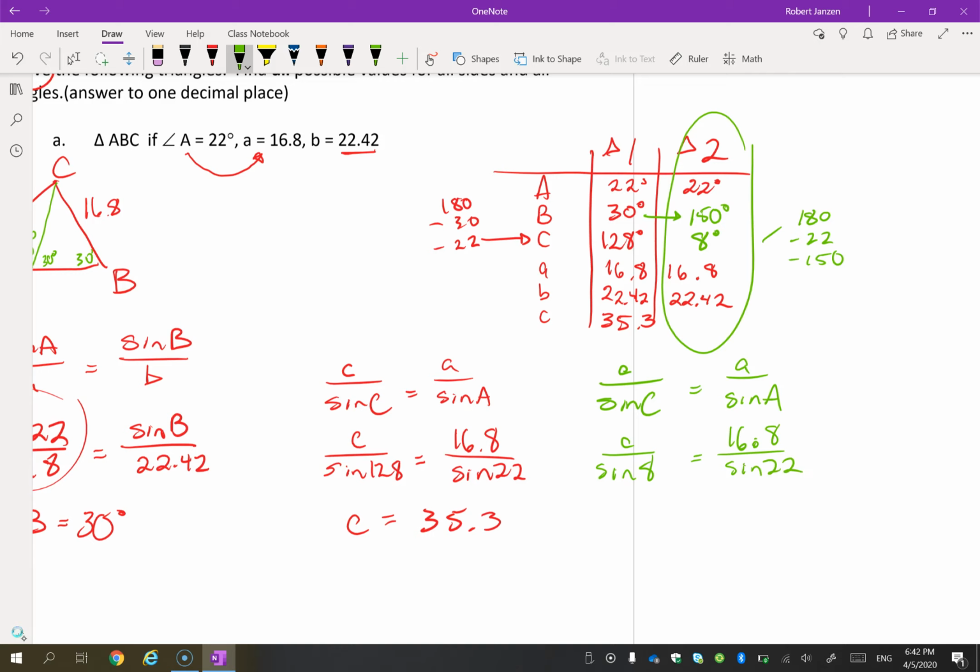So let's see what we get. Sine 8 times 16.8 equals, and this time we get a much smaller side, 6.2.